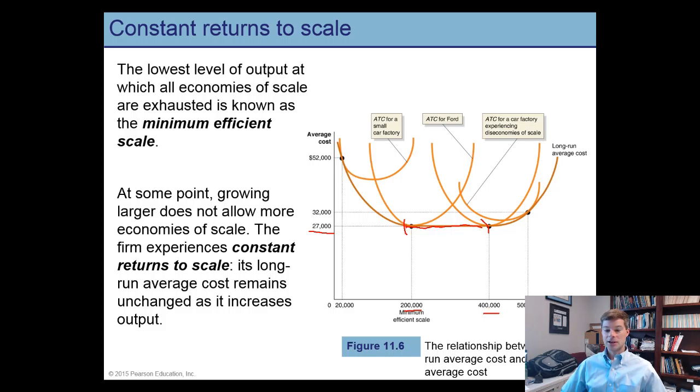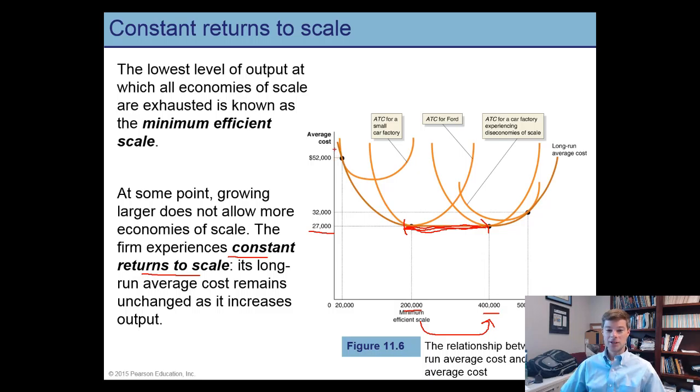During this production region, the long run average cost of production is constant. And so that means that we're experiencing constant returns to scale. If we double our output, the total cost of production will exactly double, and this means the long run average cost of production will stay constant.